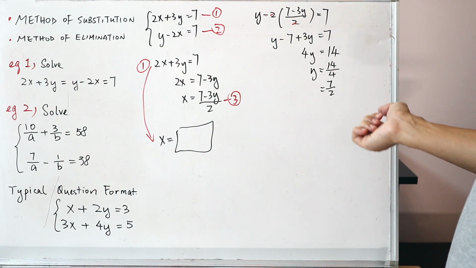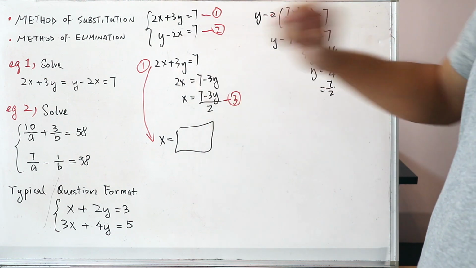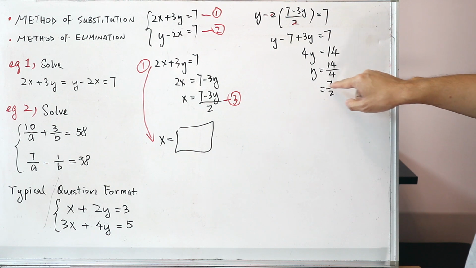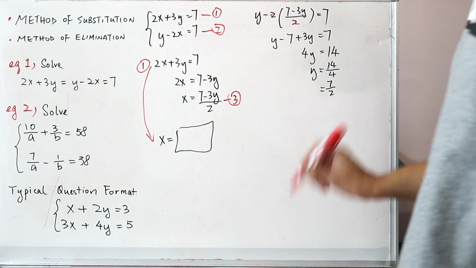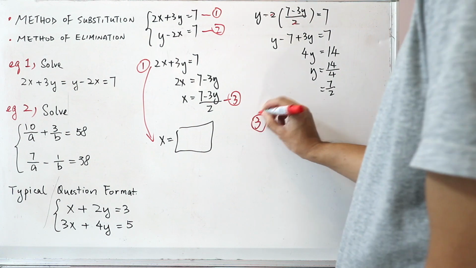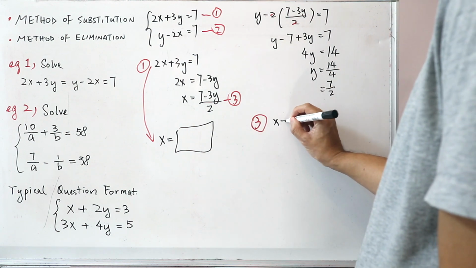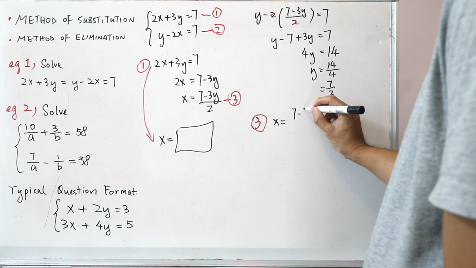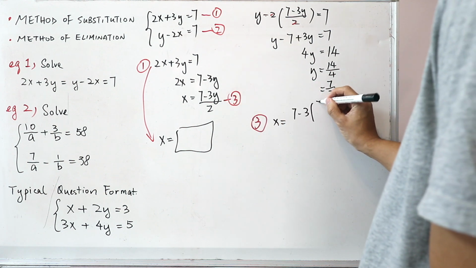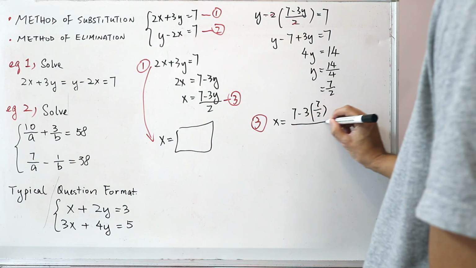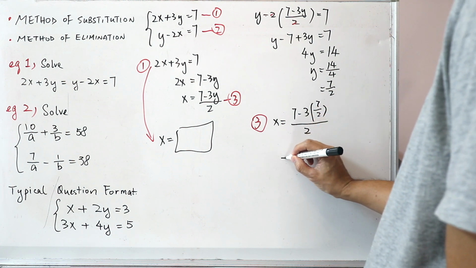Are we done yet? No, we are not, because we haven't found x yet. So why don't we substitute this 7 divided by 2 back into equation number 3. So look at equation number 3 again. x is equal to 7 minus 3y, which is 7 divided by 2, and then the whole thing divided by 2. Okay?